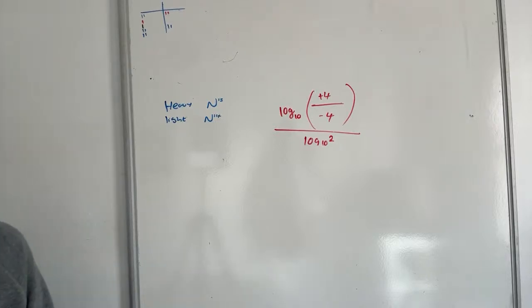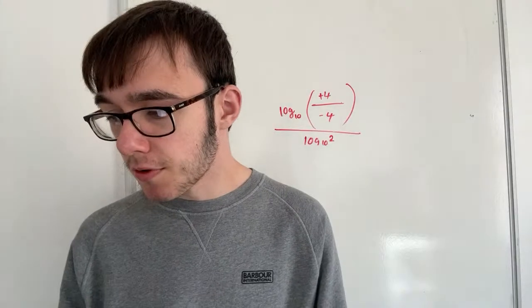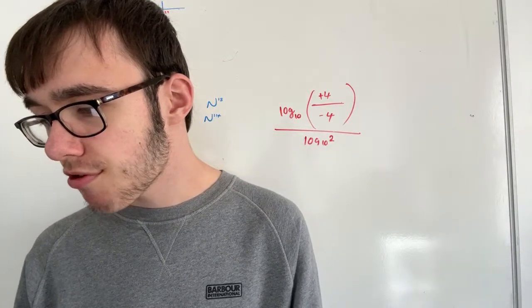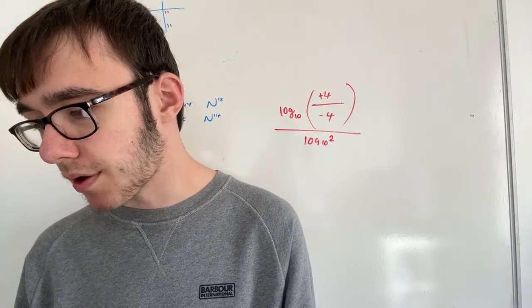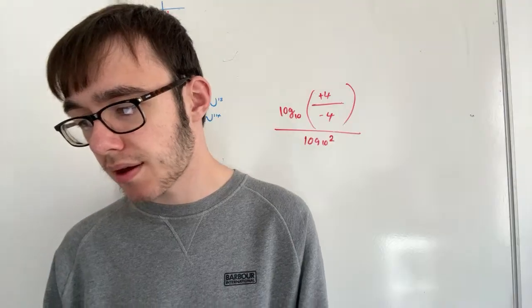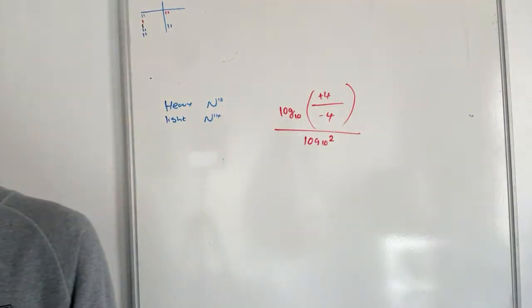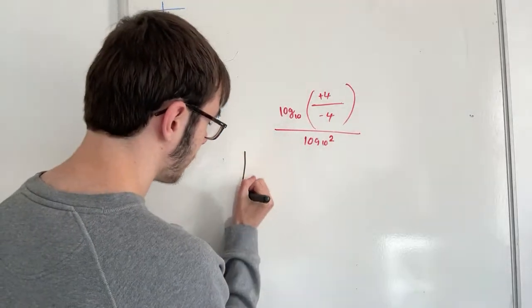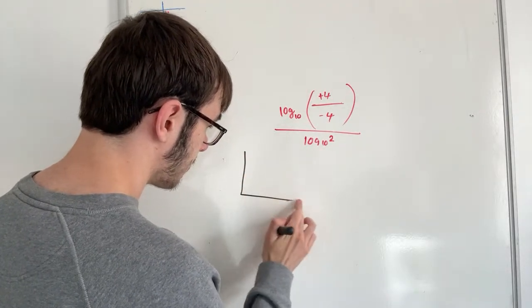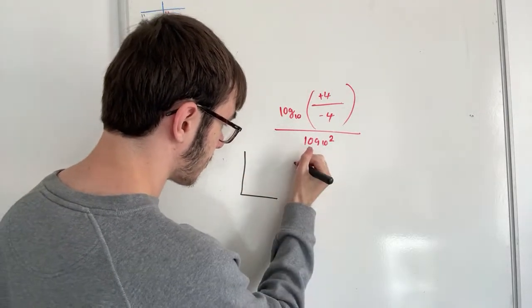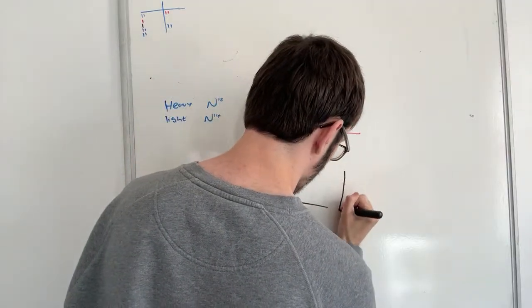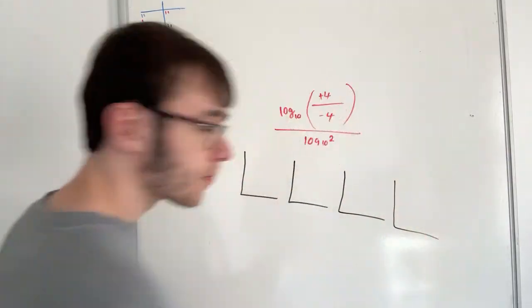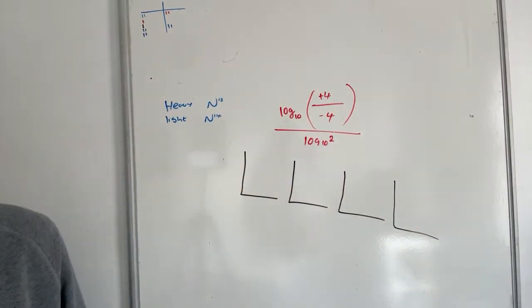Anyways, the next question. At intervals, they remove samples of bacterial population. DNA made using N15 has a higher density. So, at generation 0, we'll just have to draw it like this.